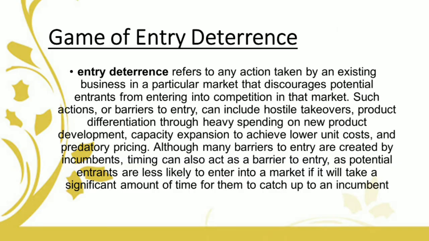So the basic understanding of the entry deterrence game is that there's an incumbent firm that has some degree of power and keeps that power, making potential entrants not able to enter the market.